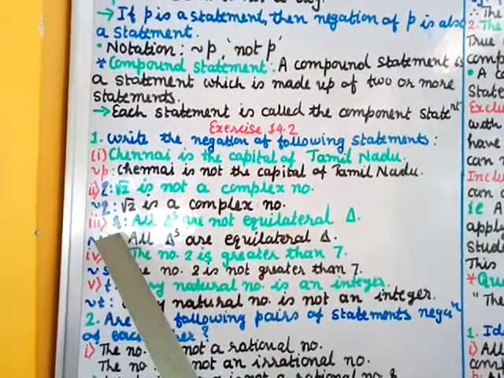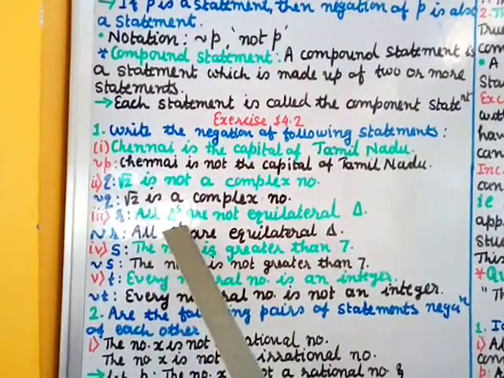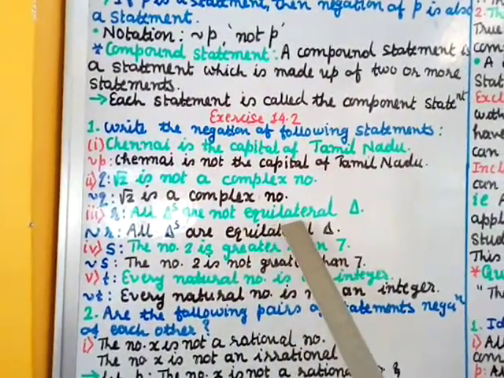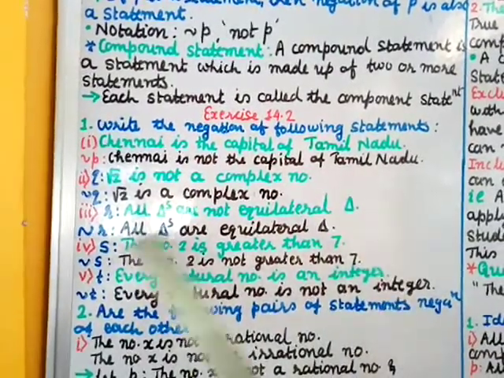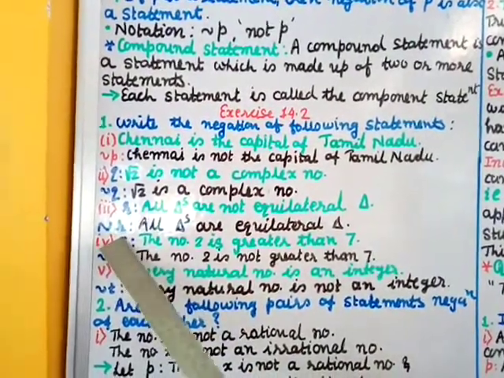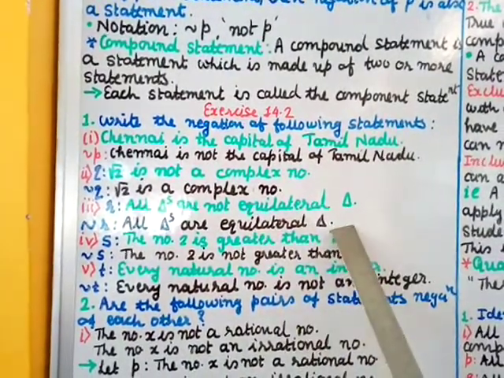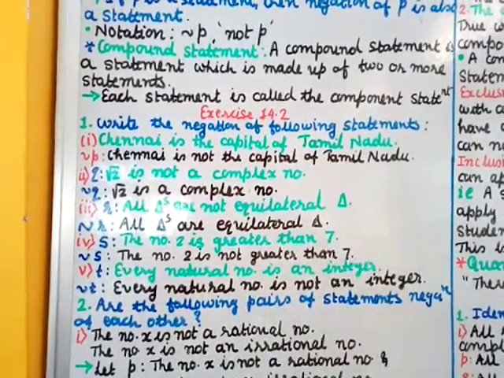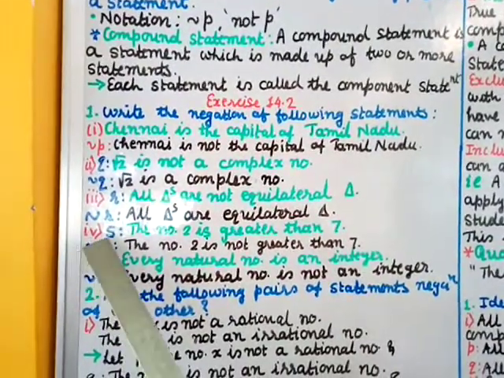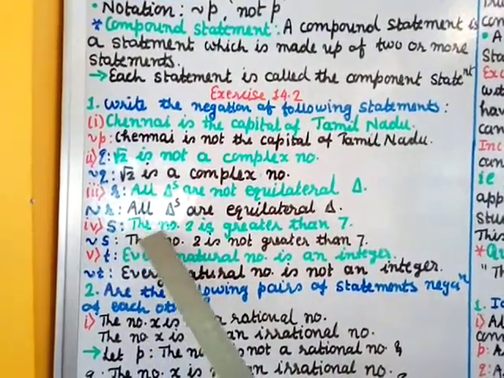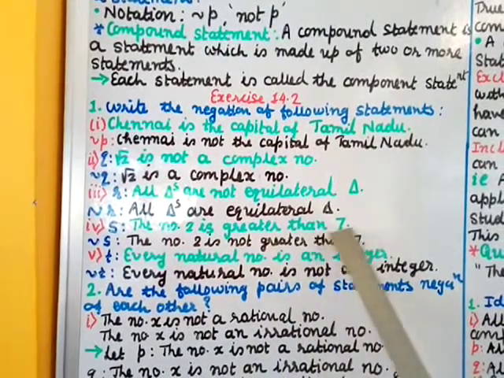Roman number 3, I call the statement R: All triangles are not equilateral triangles. Not R will be: all triangles are equilateral triangles, where I am just omitting not. So these two statements are negations of each other. Number 4, I call the statement S: The number 2 is greater than 7.